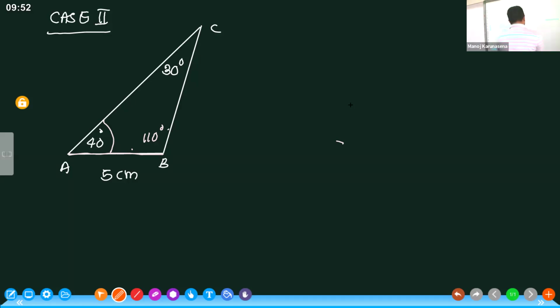Can you please draw another triangle to these measurements?